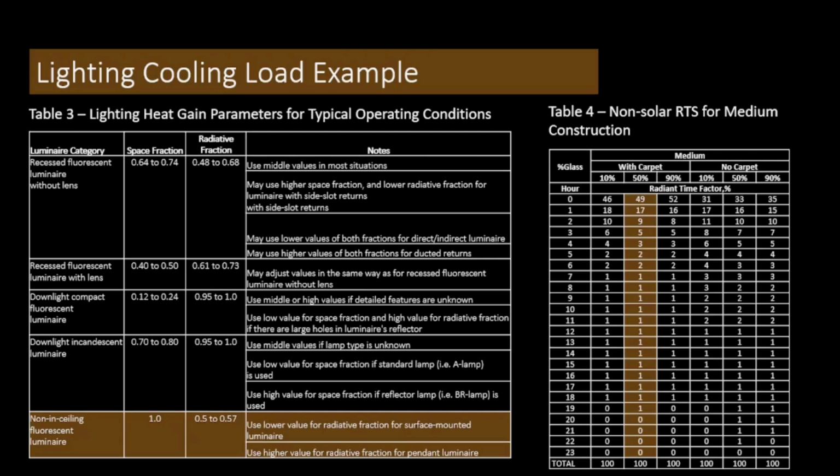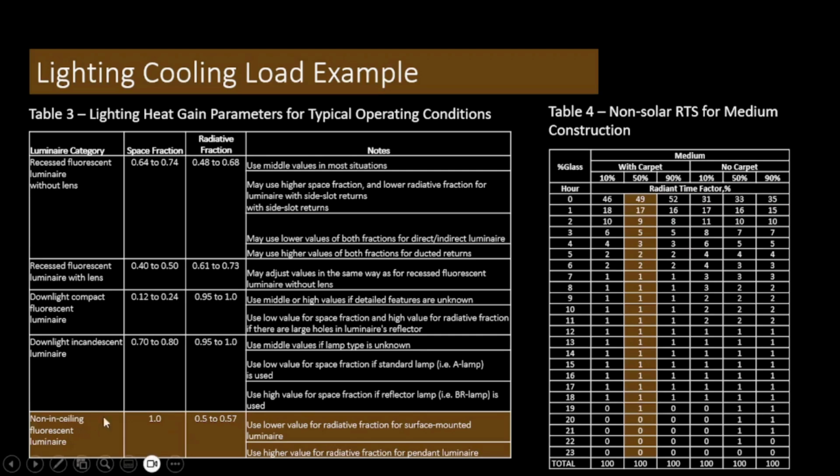Table 3 is the lighting heat gain parameter for typical operating conditions, and you can see that there are different luminaire categories: recessed fluorescent luminaire without lens, recessed fluorescent luminaire with lens, downlight compact fluorescent luminaire, downlight incandescent luminaire, and non-in-ceiling fluorescent luminaire. That's the one that is applicable to this example.